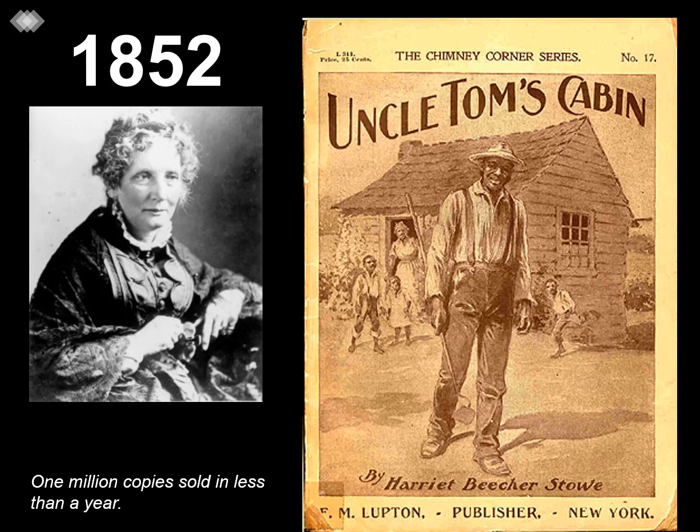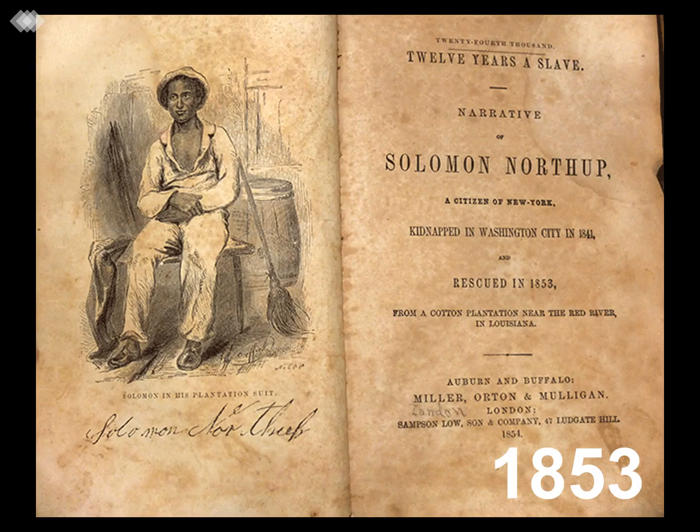Only a year after her, not a bestseller, but Solomon Northup, who dedicates his book to Harriet Beecher Stowe, writes his memoirs, 12 Years a Slave, which describe how he was kidnapped in 1841 in Washington, D.C., and sold into slavery, a free black, and managed to escape in 1853.